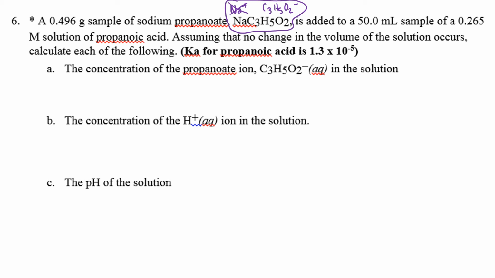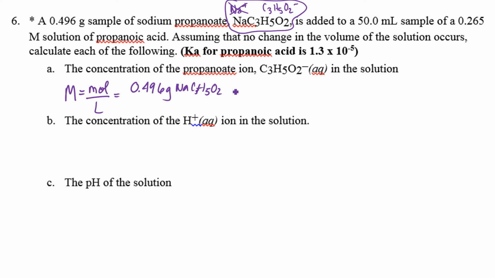So this thing right here is making propanoate ion. And it's asking for concentration, which is molarity. Molarity is moles per liter. So I want to find moles propanoate and divide it by volume, so whatever volume I dissolved it in. So to find moles, I'm going to take my mass, and I'll write out the formula NaC3H5O2, just to make sure we all realize what we're talking about here.